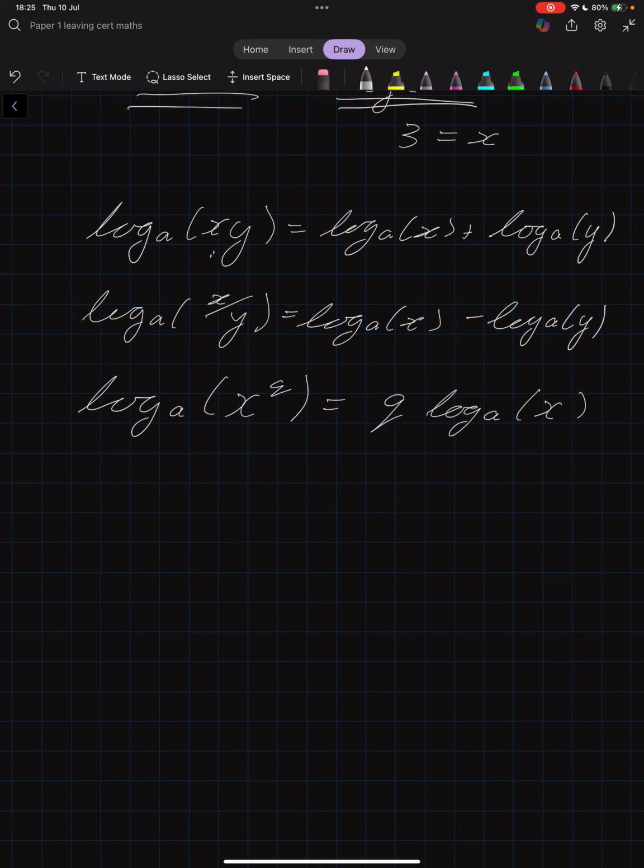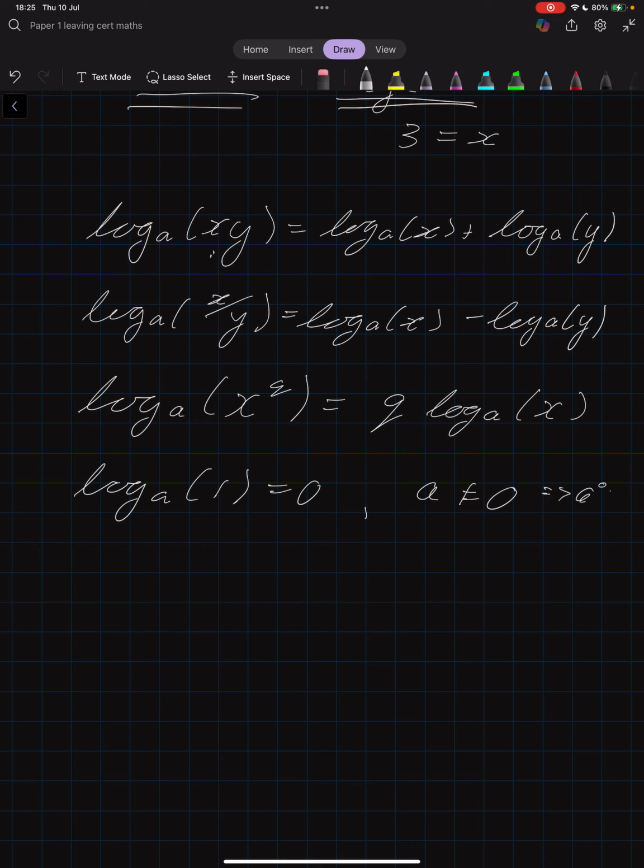You have log to the base a of 1 equals 0. Again, similar to the indices, this is for when a is not equal to 0. This thing is just saying that a to the power of 0 equals 1. That's all this is saying, okay?